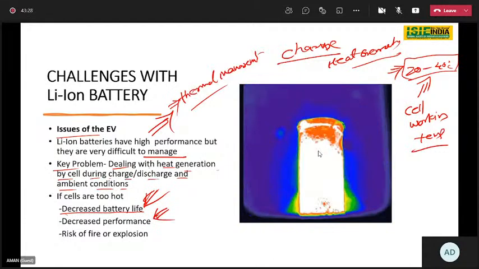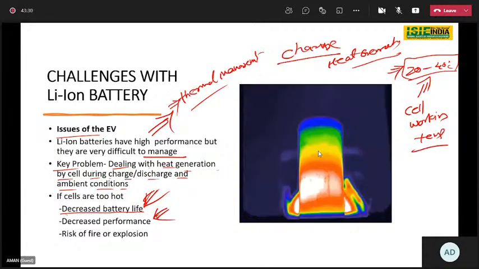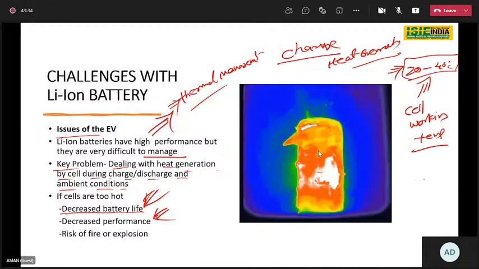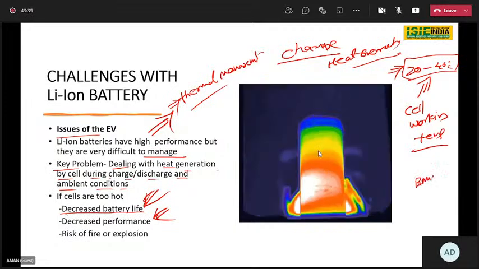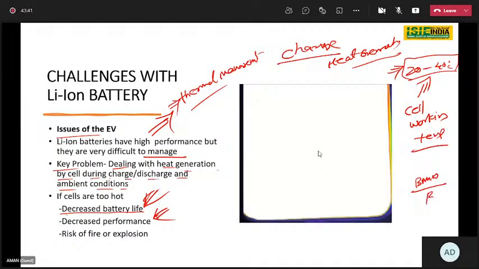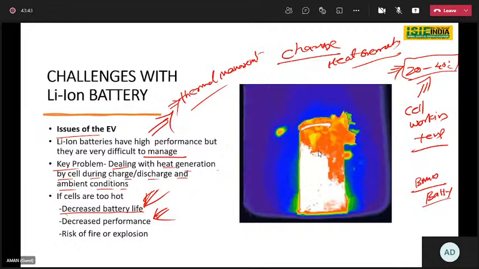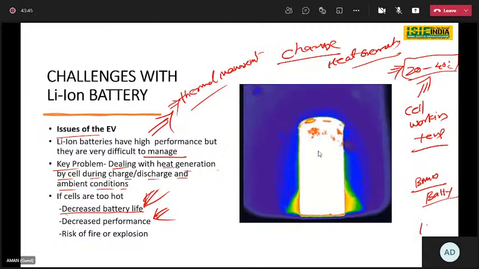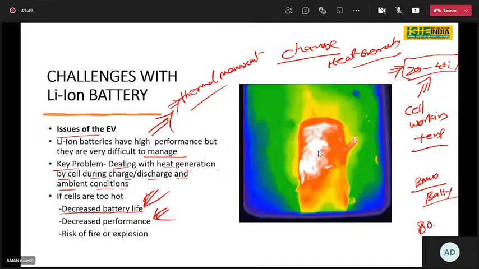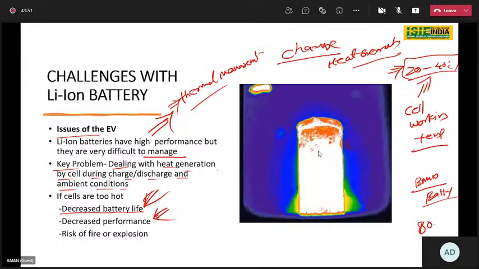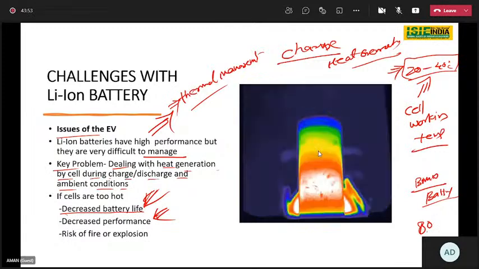Okay, there is one study. Just for the sake of understanding, I'll give you some reference. Consider a vehicle, let's say a BMW. Okay, a BMW battery pack is there, let's say of 80 unit, watt hour. Okay, this is the unit.